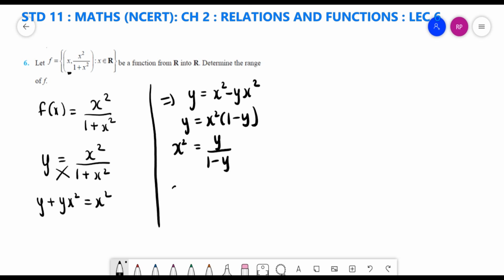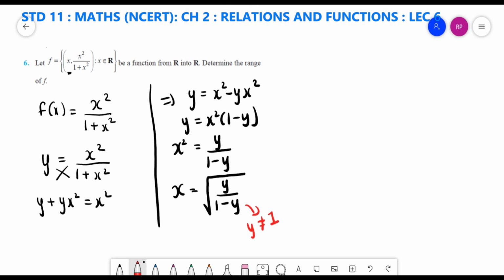So x will be equal to square root of y upon 1 minus y. So this shows that y cannot be equal to 1. Reason: if I take y equal to 1, then 1 minus 1 equal to 0, and we know that the denominator cannot have the value 0. So y is not equal to 1.